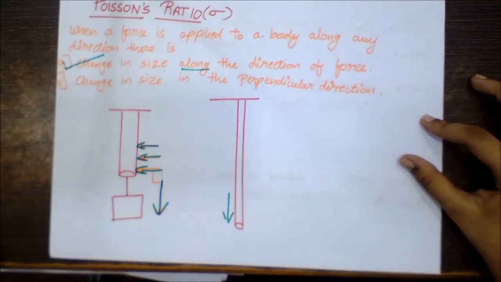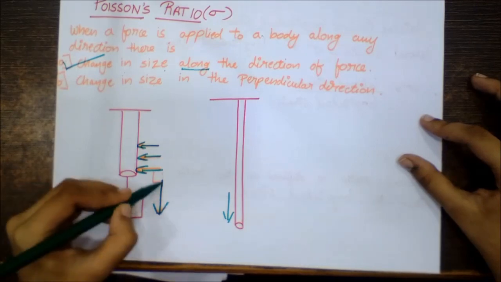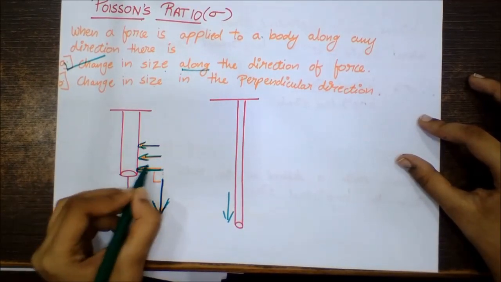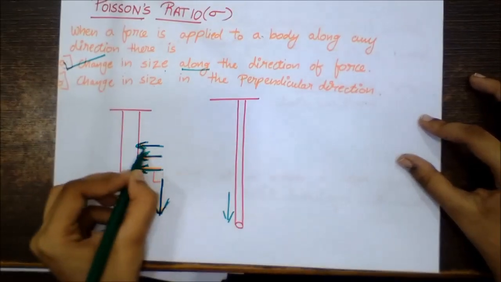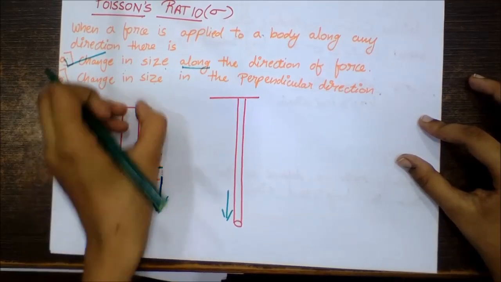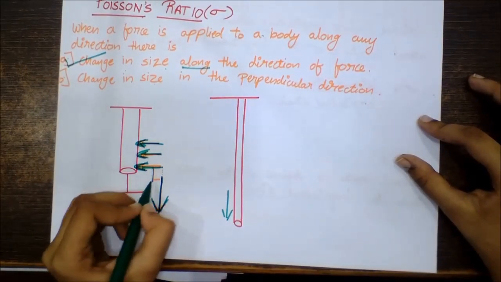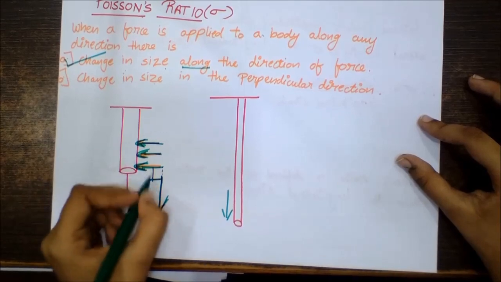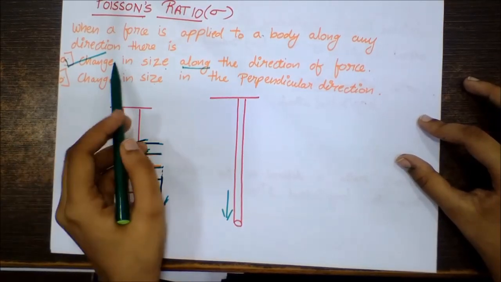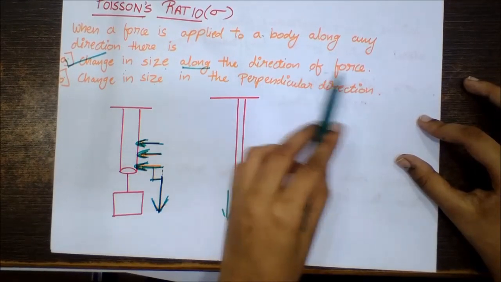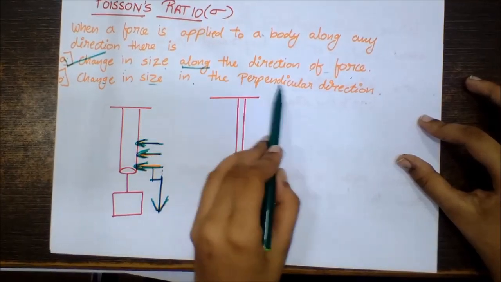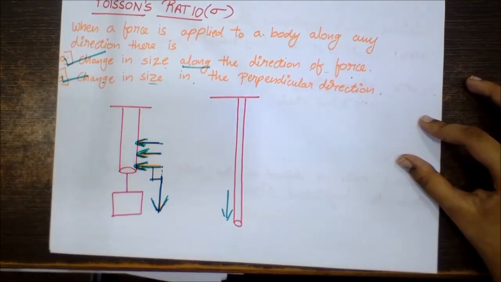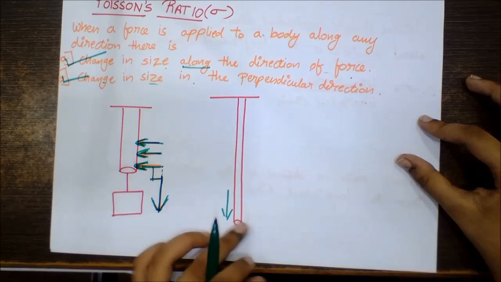So it will get thinner. So along with this force, there are inward forces also acting, making the rod thinner and stretching the rod. Now this force and this force are perpendicular to each other. Therefore, change in size along the direction of the force and change in size in the perpendicular direction of the force. Two forces act over here.